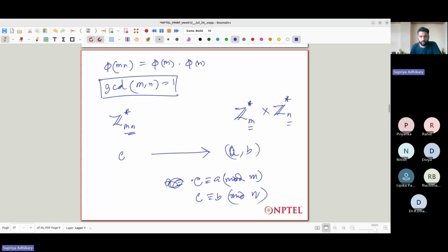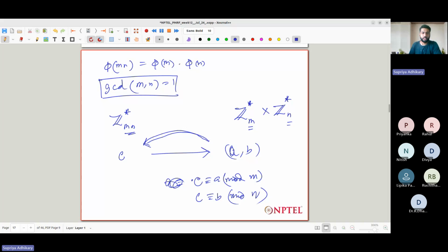And the Chinese remainder theorem says that if we have a and b, and m and n are co-prime, then we can definitely go back to c. I mean, we will find a unique c such that this satisfies these linear equations.